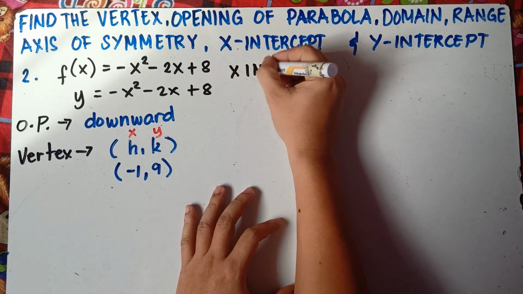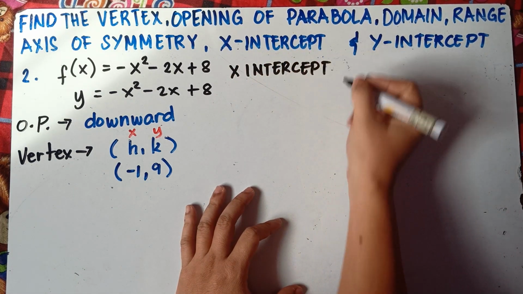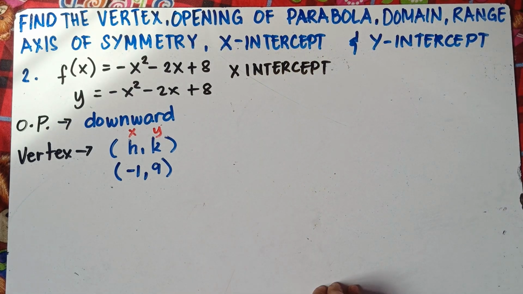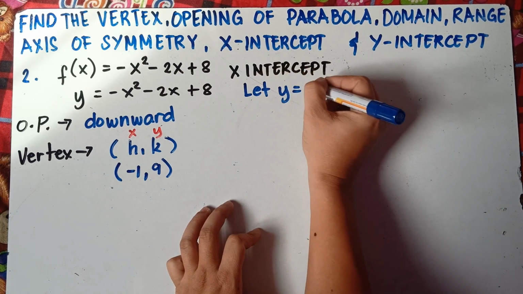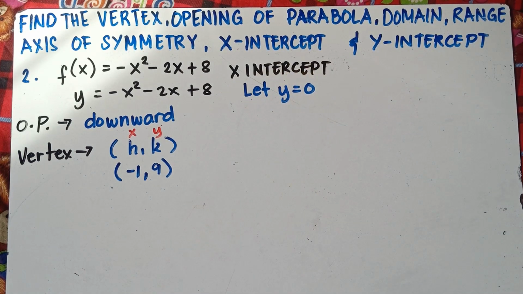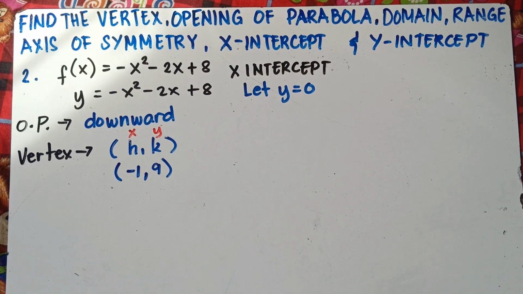X-intercept. So to find the x-intercept, class, you just let y equal to 0. Once again, to find the x-intercept, you let y equal to 0.